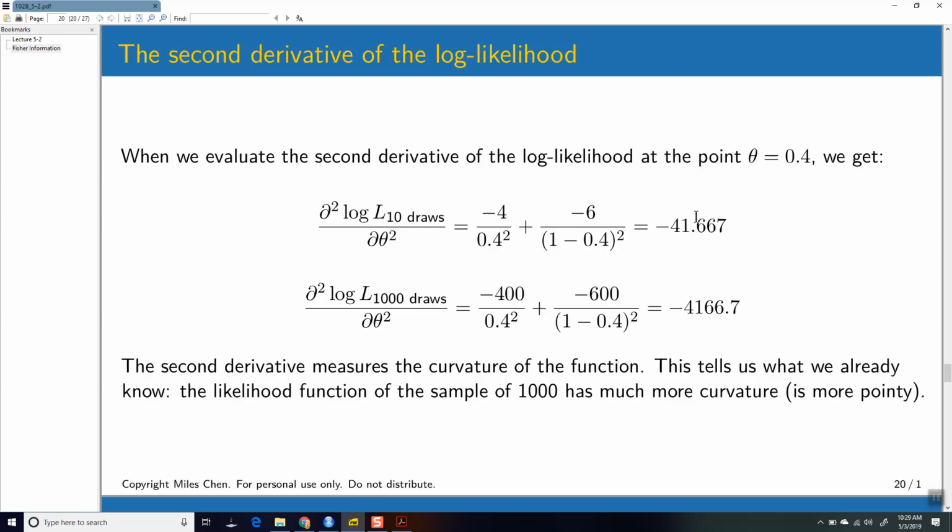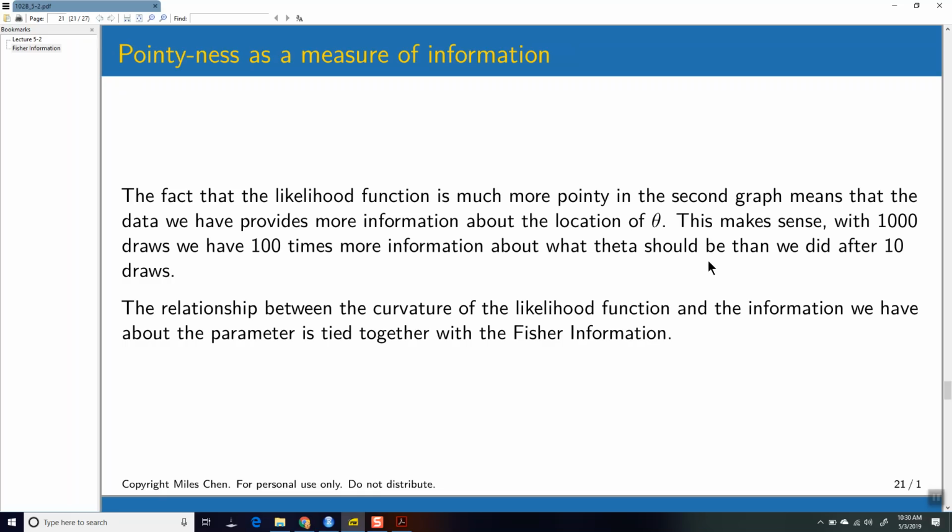And that makes some intuitive sense. It's a little bit strange because quantifying your information with a number feels strange, but if there's some kind of measure of how much knowledge we have and we can put a number on it, to say that you get 100 times more with 1,000 observations than you do with 10 observations, that makes sense, all right?